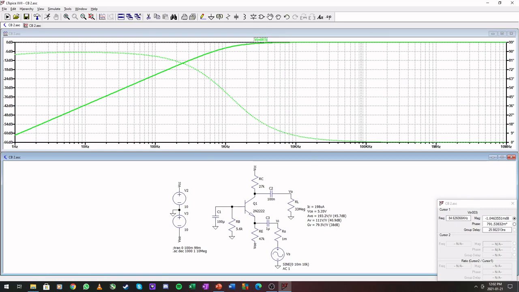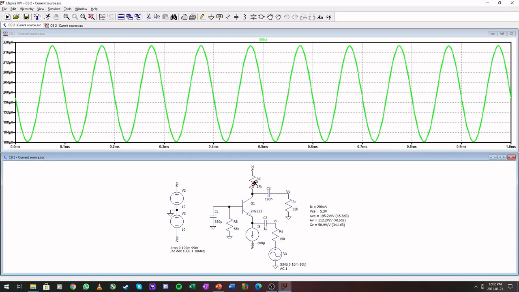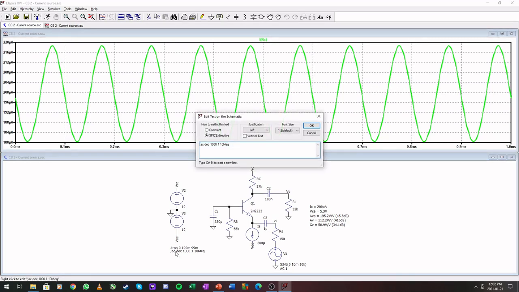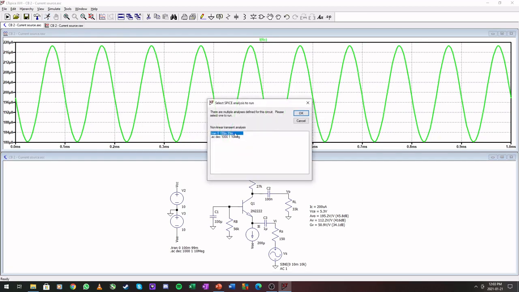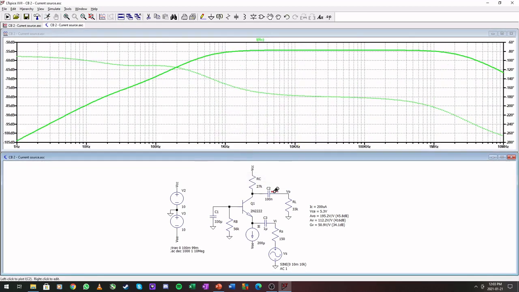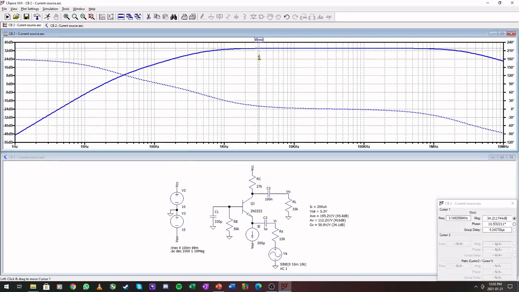Let's look at the common collector. I forgot about the current source problem. Anyways, running this, 200 microamps, more accurately than the previous method. Let's go to the AC model, run this, and our gain here for GV is 34.3, 34.1 that we calculated.